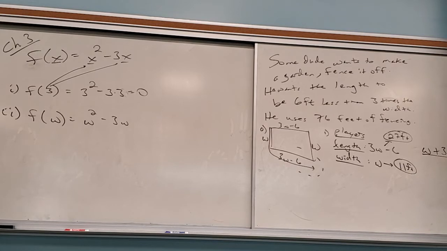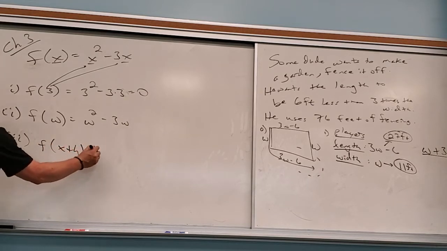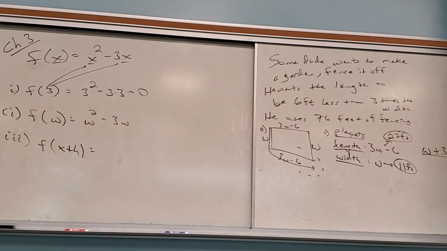So one more, let's see. What is f of x plus h? X plus h. Try it out. Yeah, do it. Write it down. So remember, the idea does not change.